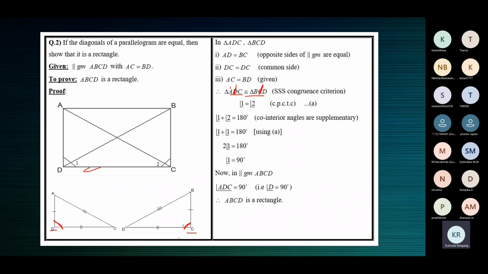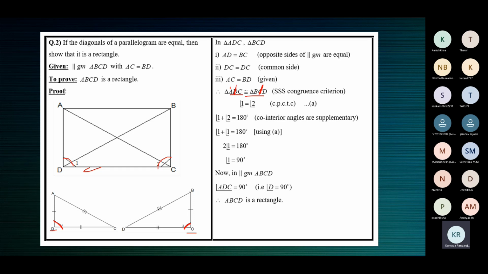So these two angles are equal. But they are co-interior angles, because ABCD is a parallelogram.